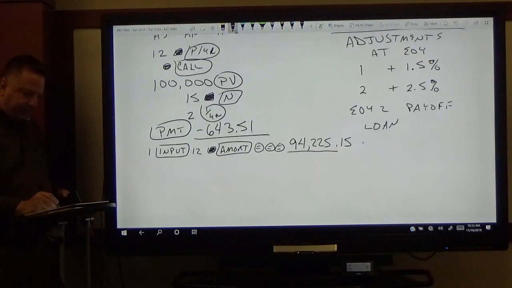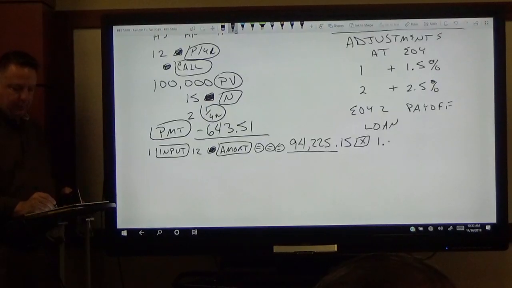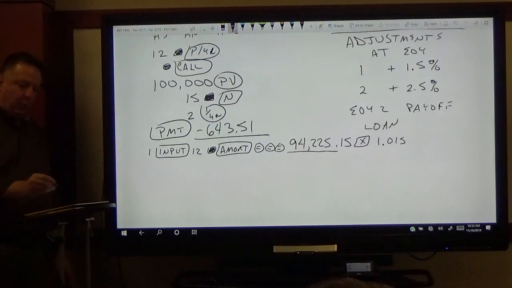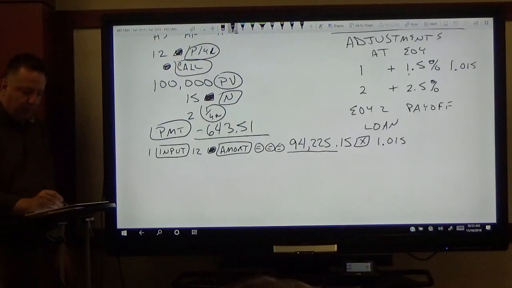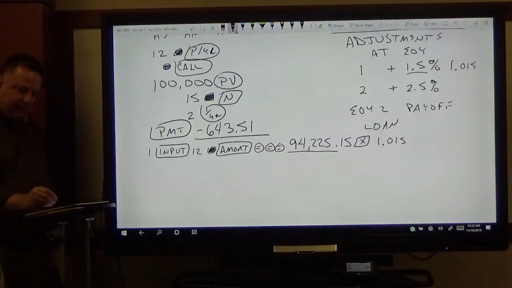All right, so what you're going to do is simply multiply that balance times 1.015. Now you're saying, well, okay, why? Because obviously you're multiplying it by itself plus 0.015. In other words, 1.5%. Whereas this next year, it's going to be 1.025.